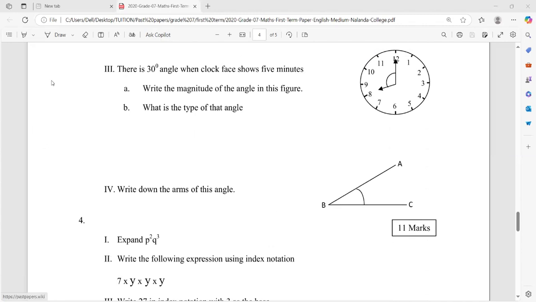There is a 30-degree angle when the clock moves 5 minutes. That actually means the angle between these two numbers is equal to 30.